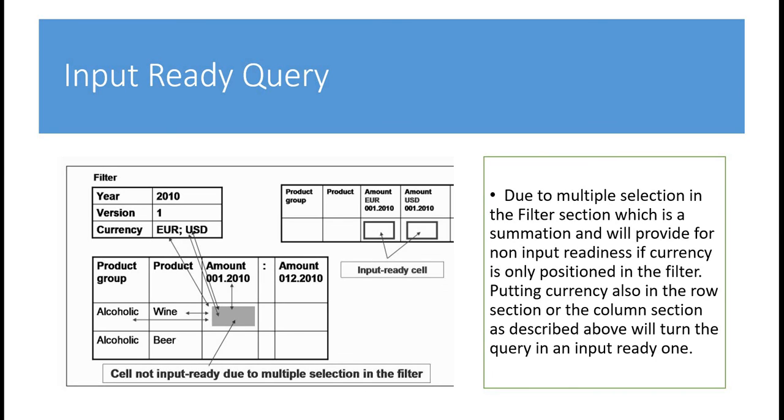If you have such a requirement where you have to use two currencies, you have to make two different cells. Like you can see in the corner here, we have the amount EUR and amount USD. If you put these two different cells in the rows, then it is possible for input planning. So those are the main features in this case.